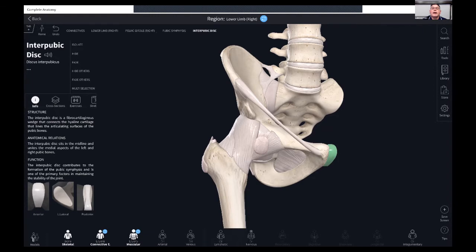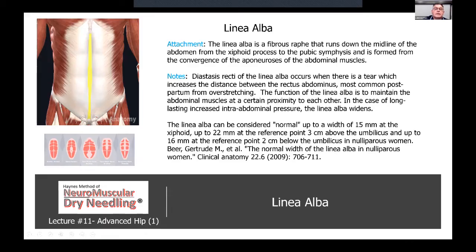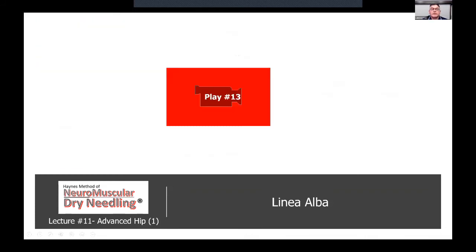Let me move back to where we're looking at here. So just quickly on the review, we talked about linea alba in the thoracic spine. If a person is dealing with diastasis recti, definitely be cautious of what's going on here. It's less than 1 centimeter for penetration.